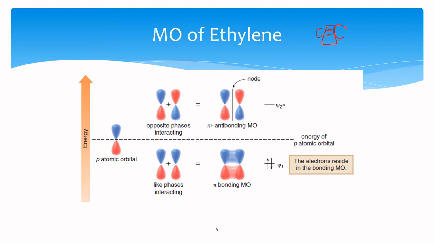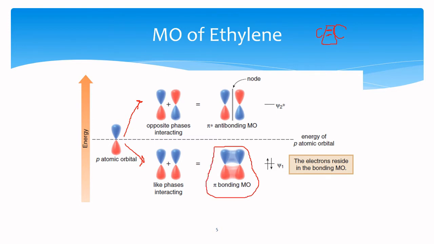You are familiar with the drawing of the molecular orbital diagram. In a molecular orbital diagram, we normally have, for example, these p atomic orbitals, which can be divided into two regions. The first one is the bonding region, and the second one is the anti-bonding region. In the pi bonding molecular orbital, both of the p orbitals have the same phase, so they will overlap to give you the pi bonding molecular orbital.